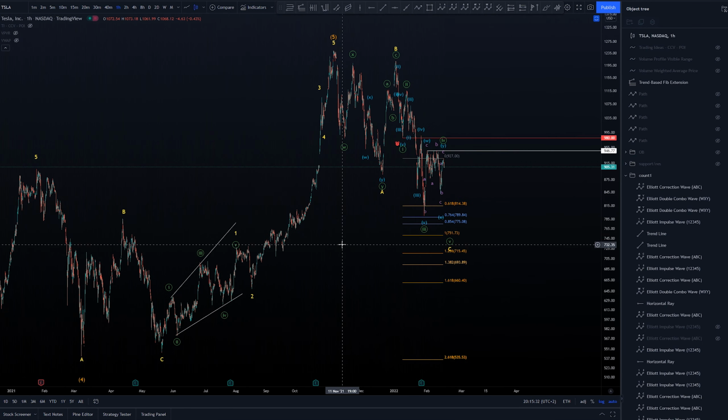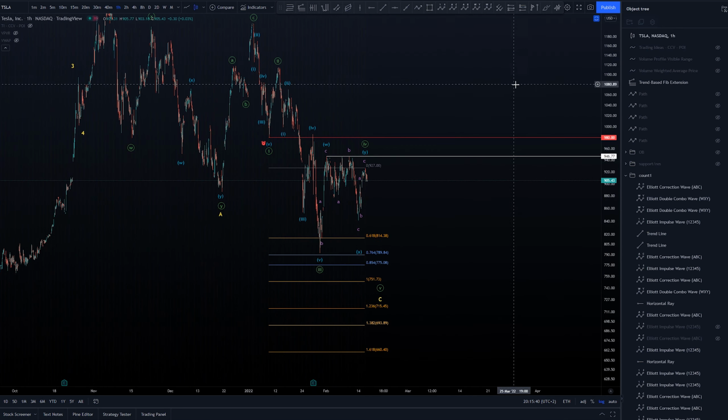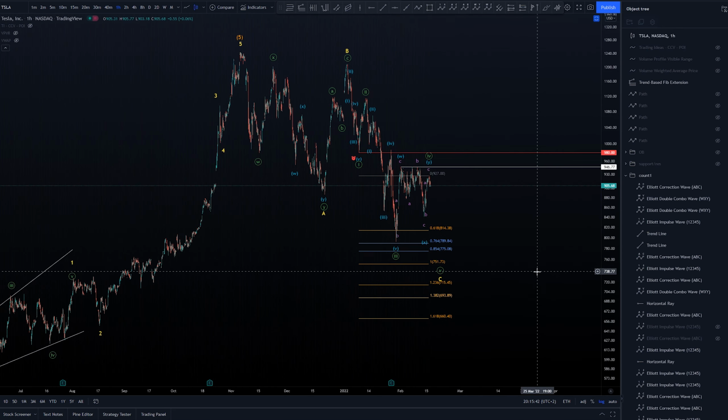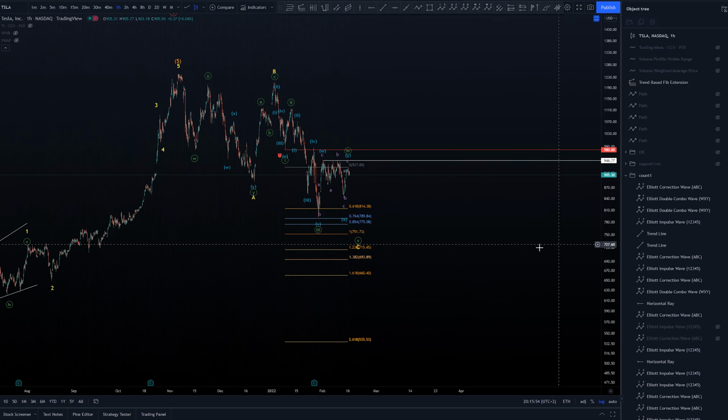We don't, or at least I don't know which degree correction this is, and these all might change, but as it stands, after this I would be looking for a 5-wave move, then a 3-wave again, and that would be a good possibility to have a long.